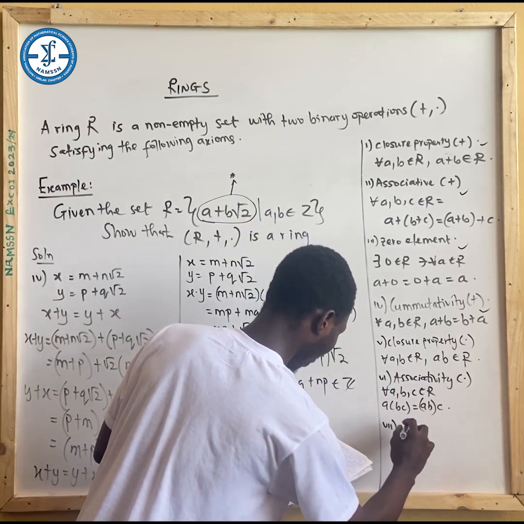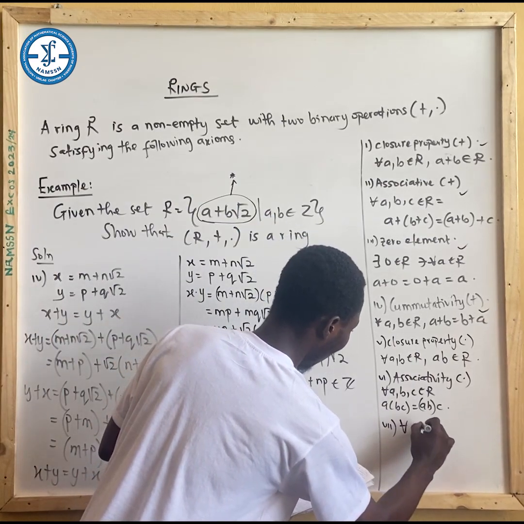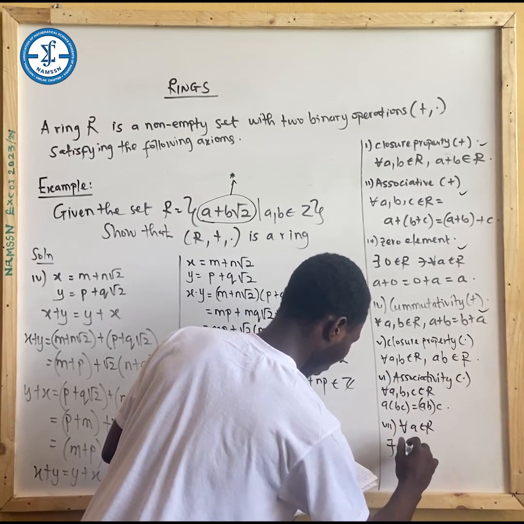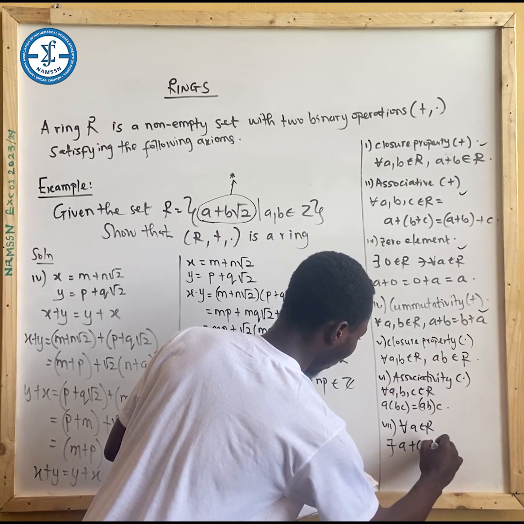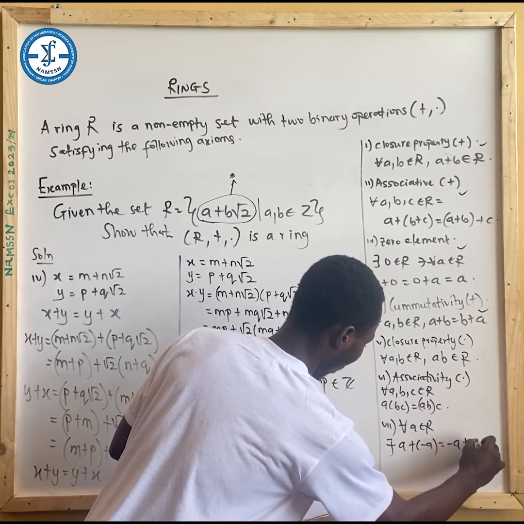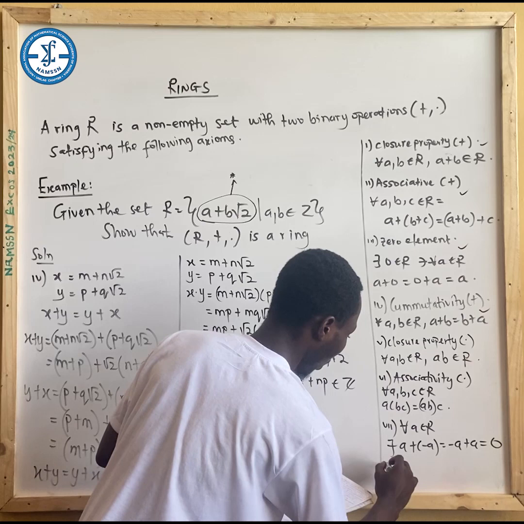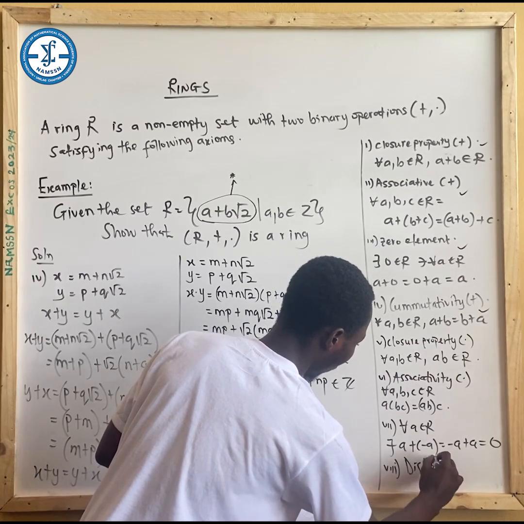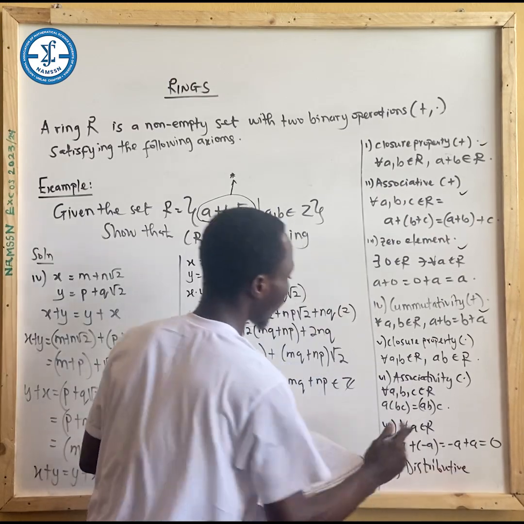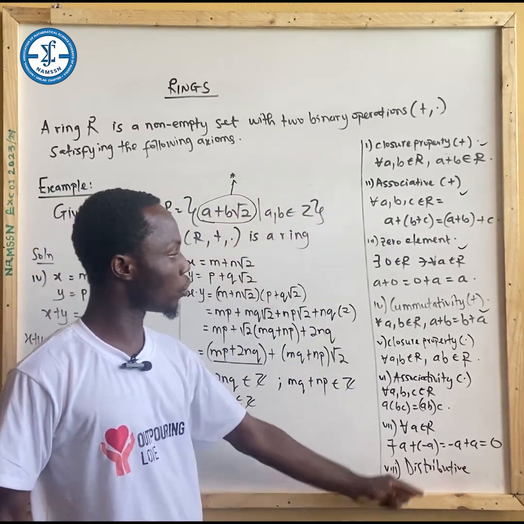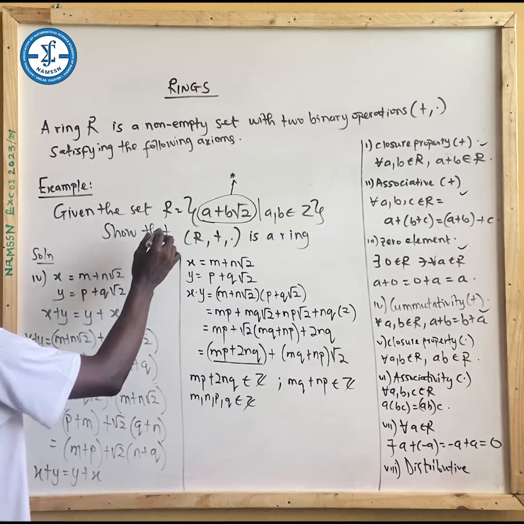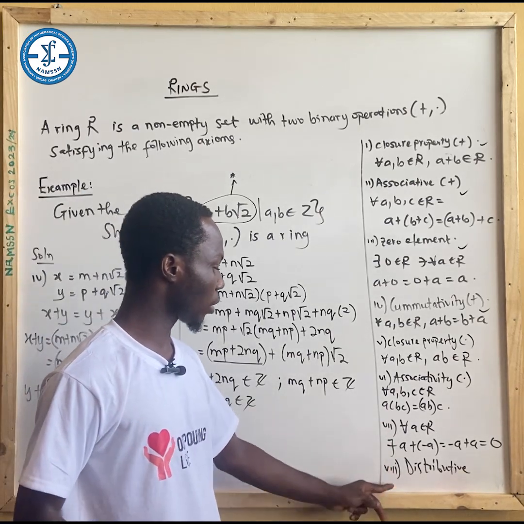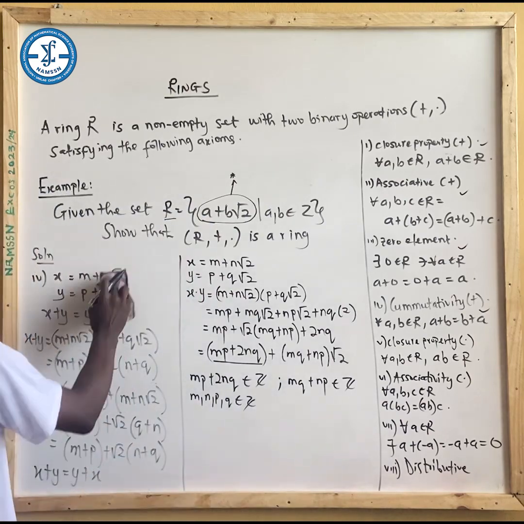Next one is for all a in R, there exists minus a such that a plus minus a equals minus a plus a, which will be equal to 0. And the last one I gave was distributive. So all these properties must be proved before we can say that this given set here is a ring. So I'm going to stop here and leave these remaining two as exercises for us.